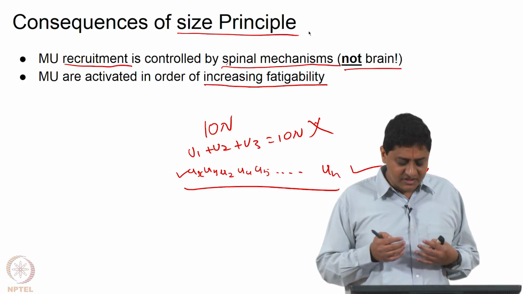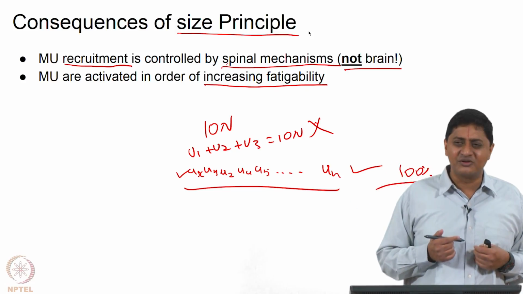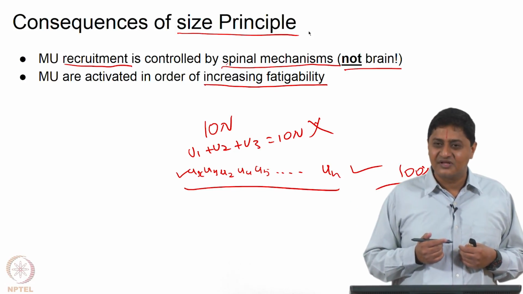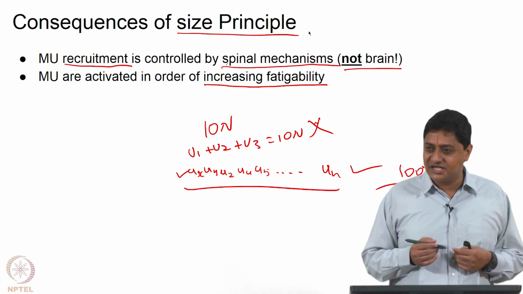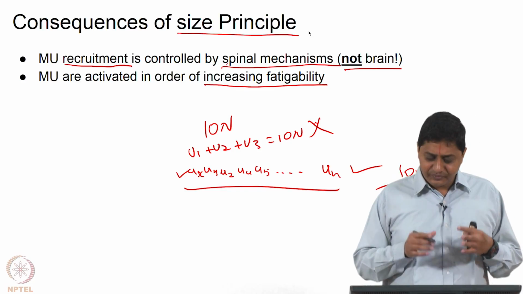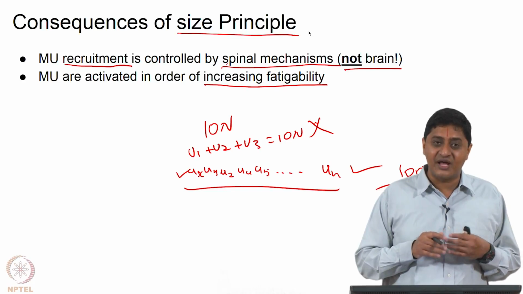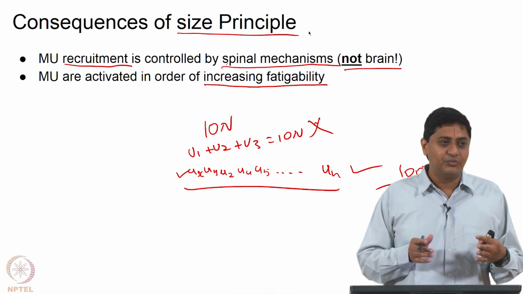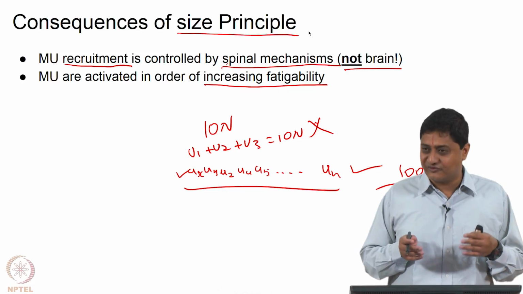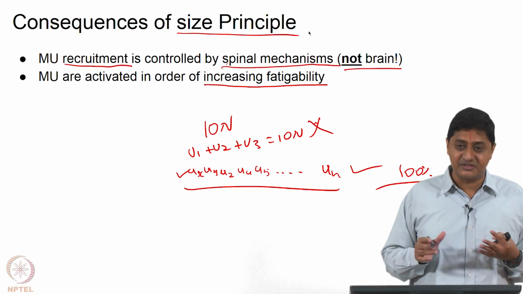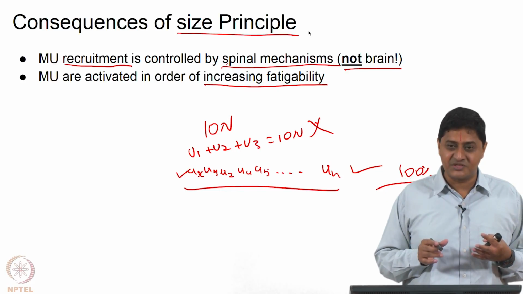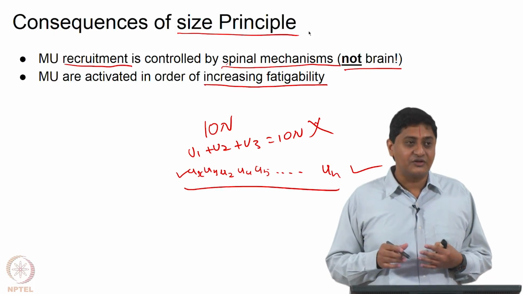So, then the question comes, why have these larger motor units? If you are going to use them less in general, that means these larger motor units are going to be used only when there is an absolute need to produce that large amount of force. So, you have a very simple principle that the body follows: either you use it or you lose it.